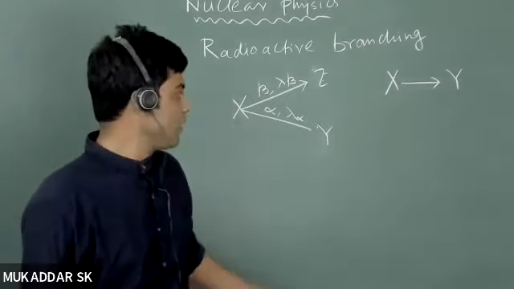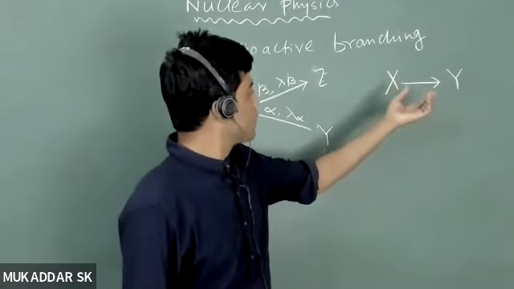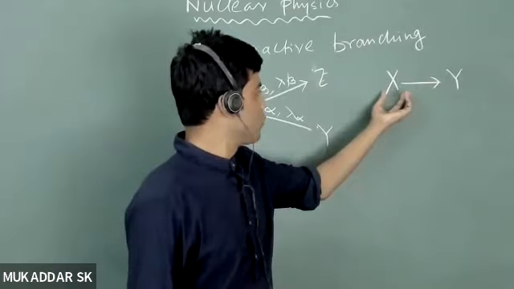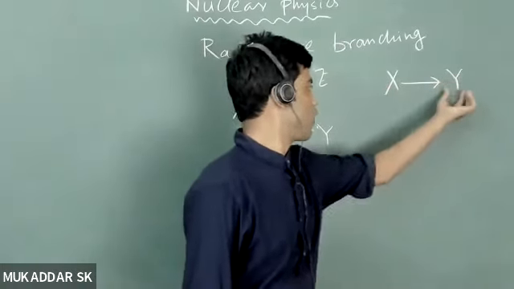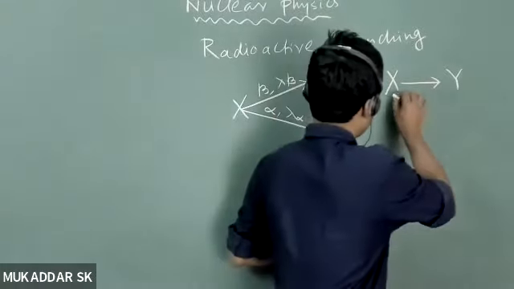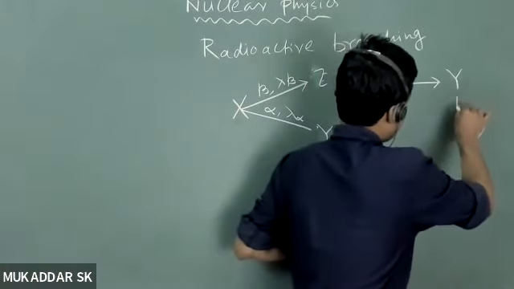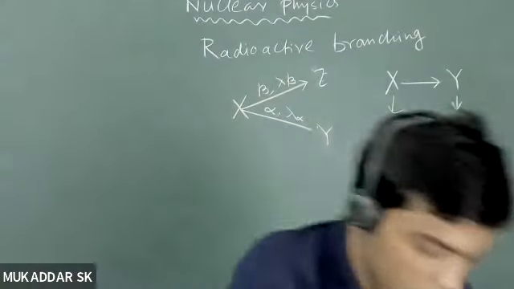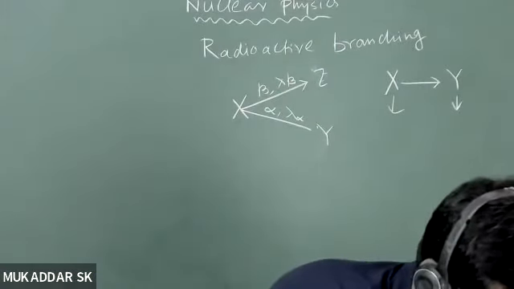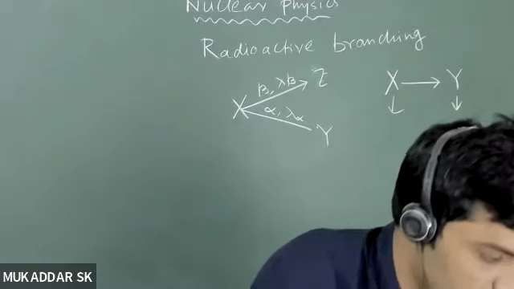So what I'm trying to say is that most of the radioactive nuclei will follow that single chain. X will decay to Y. So for each X, there is an identical Y. Let me give an example, then it will be clear to you.